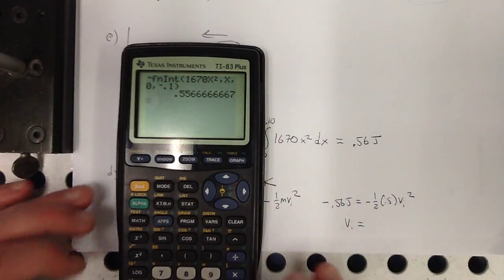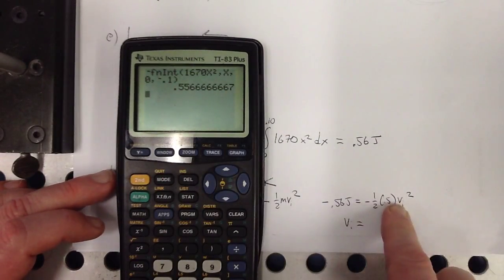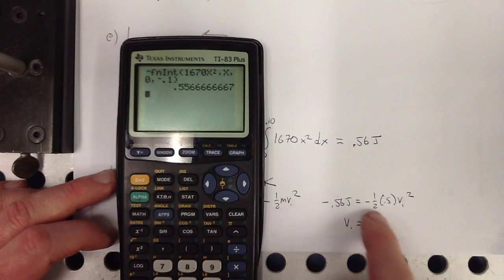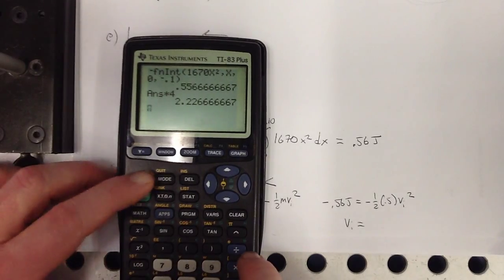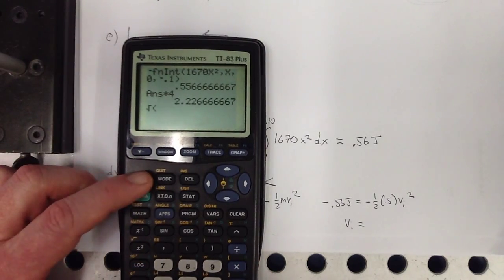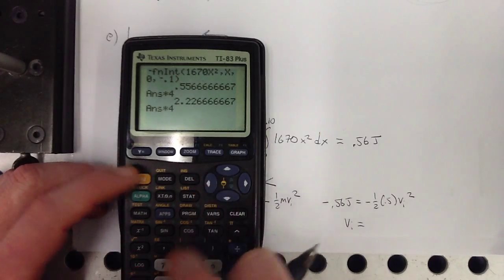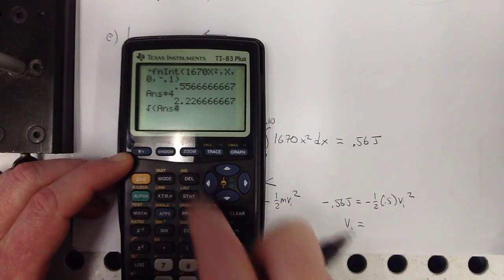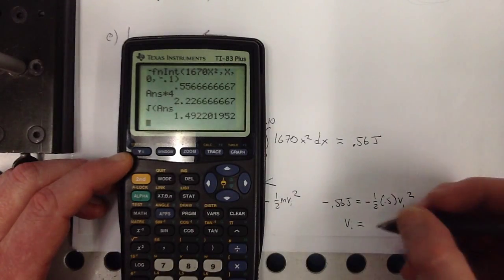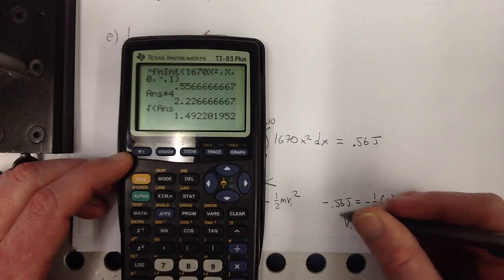We can't take the square root of a positive number. So there's my energy. I'm going to multiply it by 1/2 and then another 1/2. So I'm going to multiply by 4 and then take the square root of that. And, oops, that's not the square root. And take the square root of that. That should do it. That's about 1.49 meters per second.